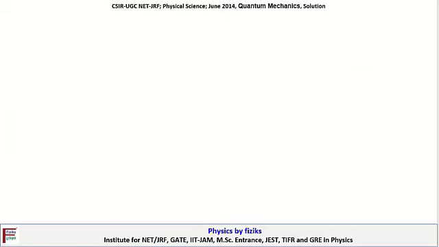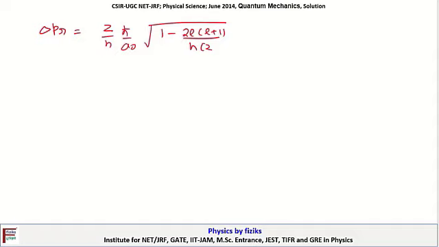And that relation is delta P_r will be Z h cross by a naught root over 1 minus 2l(l plus 1) divided by n(2l plus 1).